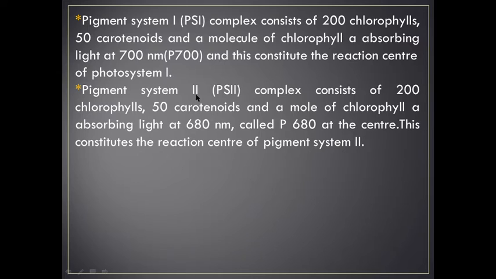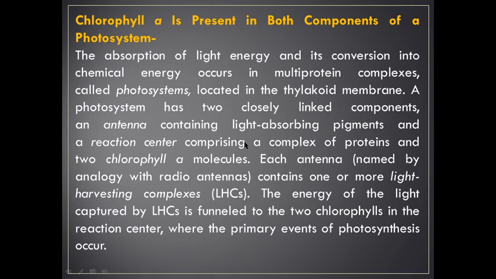The pigment system second complex consists of 200 chlorophylls, 50 carotenoids, and molecules of chlorophyll A absorbing light at 680 nanometer called P680 at the center. This constitutes the reaction center of pigment system second. Chlorophyll A is present in both components of a photosystem, that means photosystem first and photosystem second.